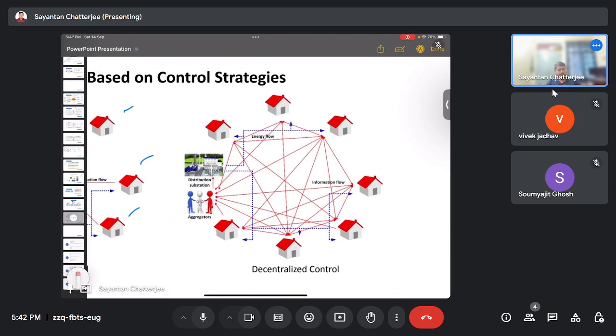On the other hand, we have a decentralized scheme, where the aggregators and the distribution system operators do communicate, but they also communicate amongst themselves.